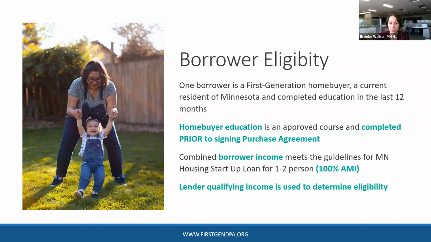So for this program, we will be using borrower income, and lender income will be used to determine eligibility. The DPA lenders will not be duplicating the work of collecting income, and instead they will be relying on the 1008. Again, this is a new practice and it makes some uncomfortable, but lenders often will have more stringent requirements than maybe we would.